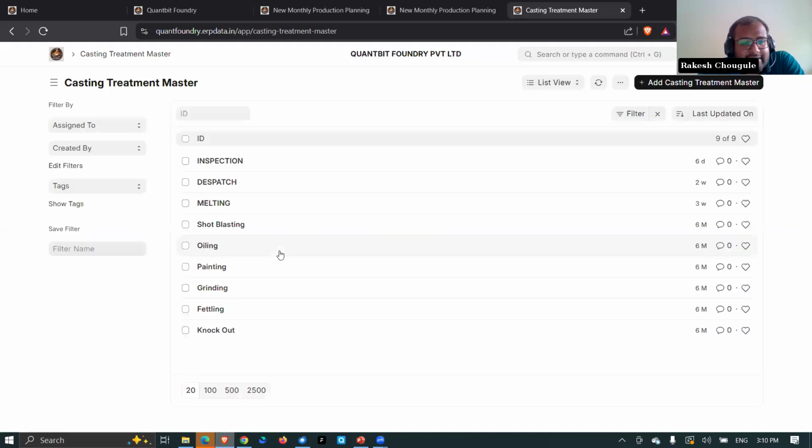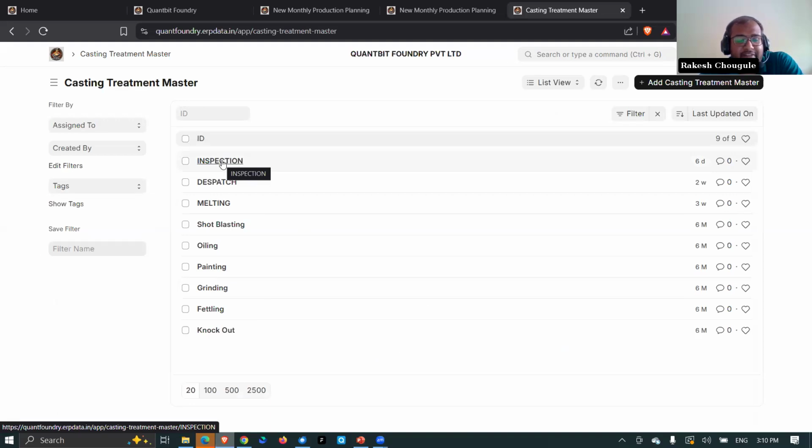So here you can see the casting treatment. After pouring, we can do inspection, dispatch, melting, shot blasting, oiling, painting, grinding, fettling, knockout. All the stages or activities which we perform on casting, we can track in the system. So there is a casting treatment.